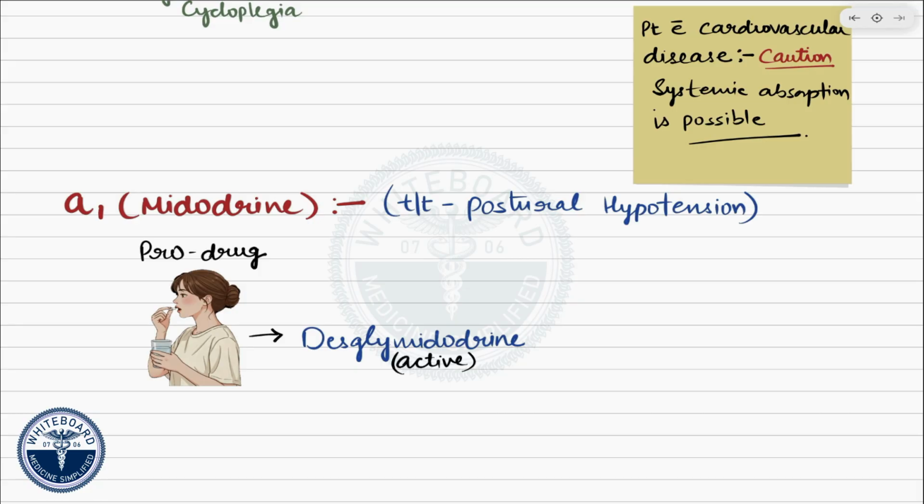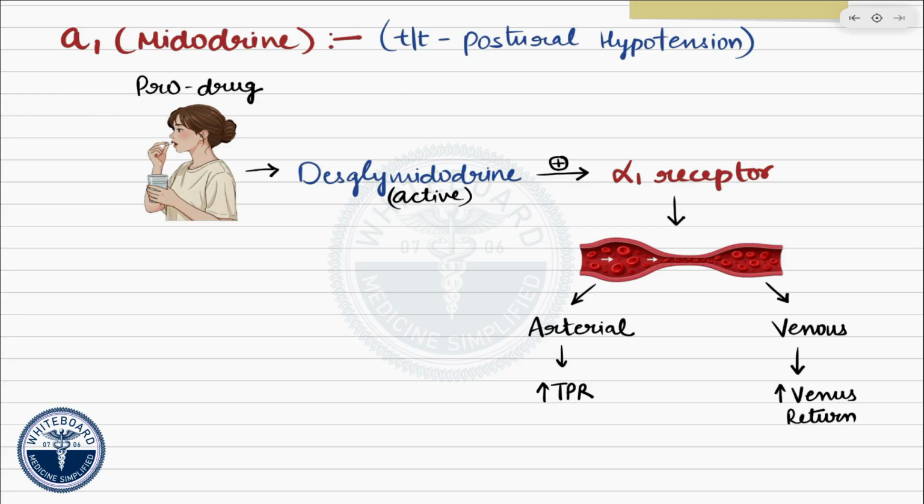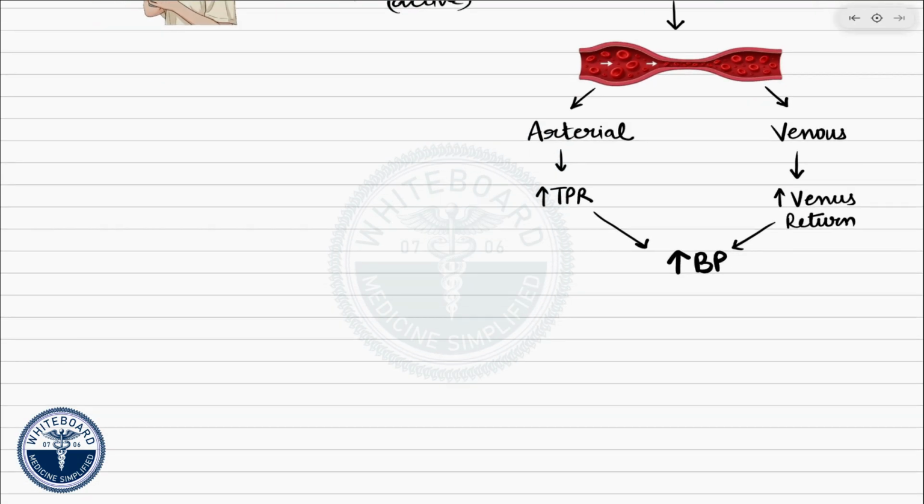Once activated, as we discussed above, it stimulates alpha-1 receptors on both arterial and venous smooth muscle, producing vasoconstriction. Arteriolar constriction increases total peripheral resistance, while venous constriction increases venous return. Together, these effects raise blood pressure, particularly when the patient stands up.